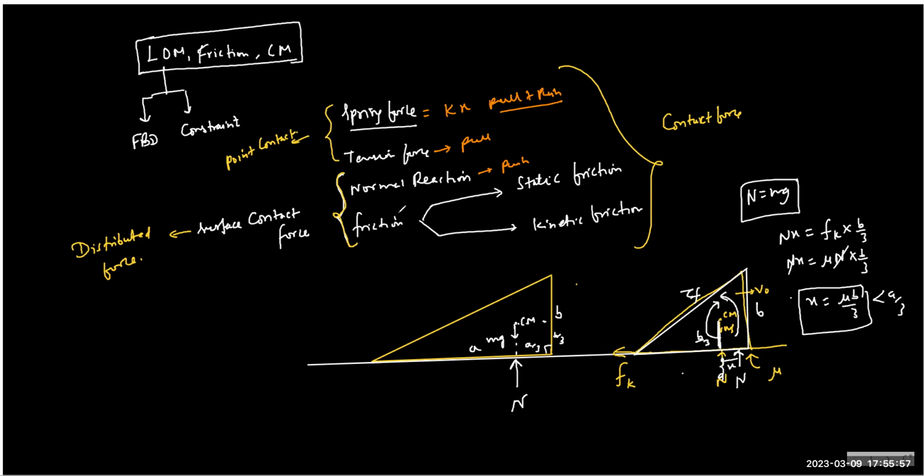So constraint means when the string is taut and it is inextensible, so you cannot change its length. The moment you say inextensible, you put a constraint actually. So the words inextensible and taut string create a constrained motion. So tension force is called a constraint force.